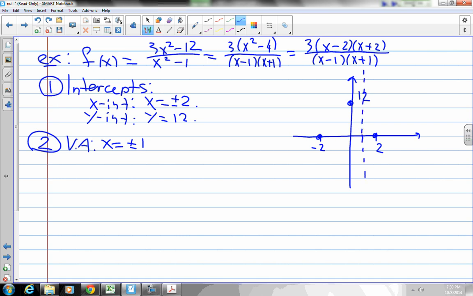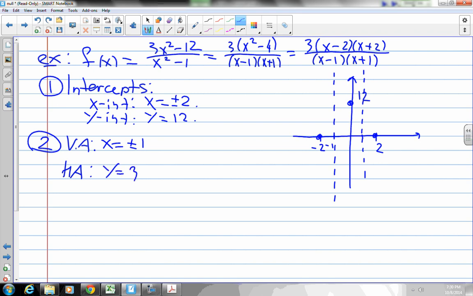Here's 1. Negative 1, sorry. These are my two vertical asymptotes. How about a horizontal asymptote? Degrees are equal. It's a quadratic over quadratic. So you're just taking the ratio of leading coefficients, 3 over 1. So yeah, y equals 3.